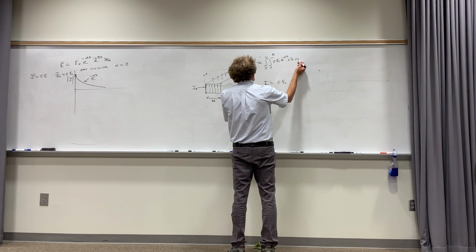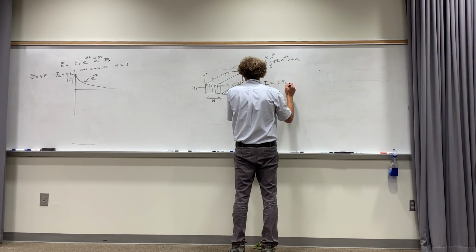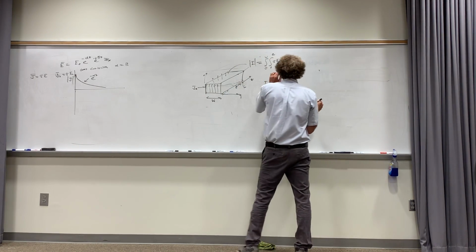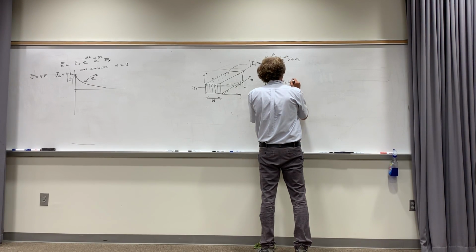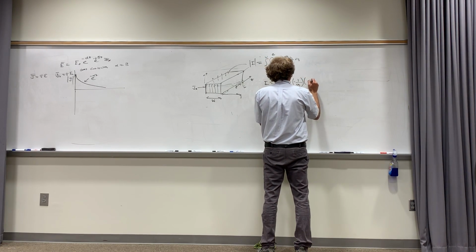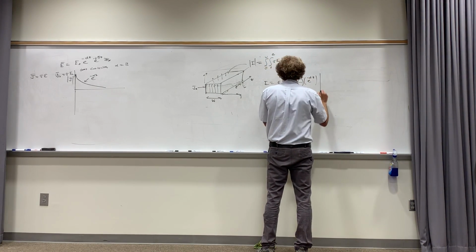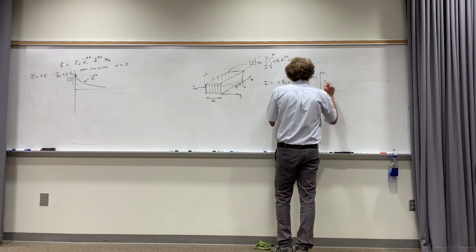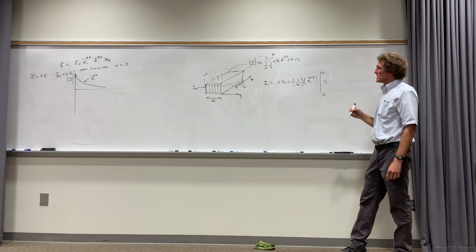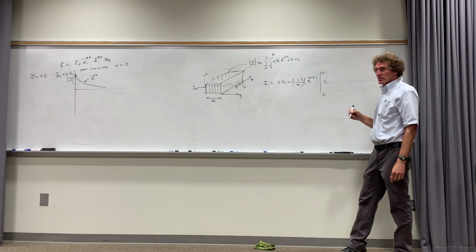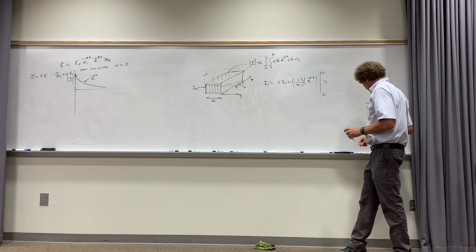Then when I integrate dy from 0 to W, it just brings out the width, W. And then I integrate e to the minus alpha z, which becomes the quantity minus 1 over alpha, then e to the minus alpha z evaluated from 0 to infinity. Now the only thing I've done there is the dz integration. When I integrate e to the minus alpha z dz, I get 1 over minus alpha times e to the minus alpha z, and I have to evaluate it between 0 and infinity. Do you all see that, class? Now this is a trick I use all the time.